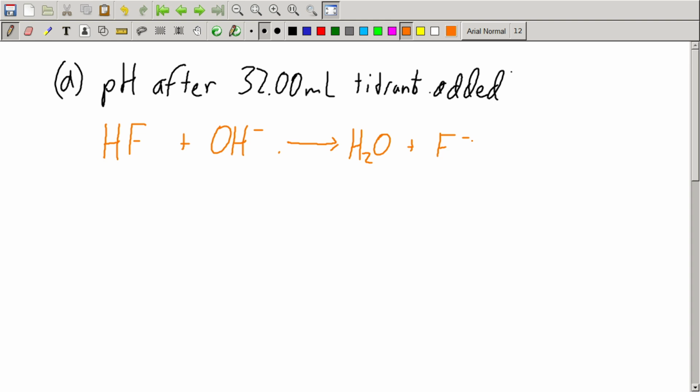Okay, if we're adding 32 milliliters of 0.101 molar sodium hydroxide, what's that? That's 3.23 we said?